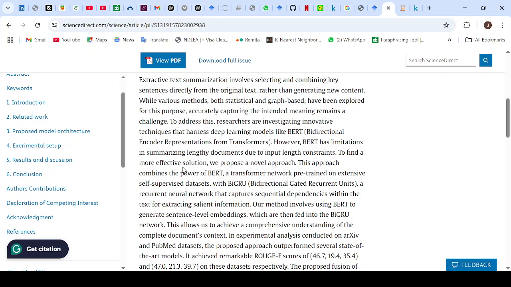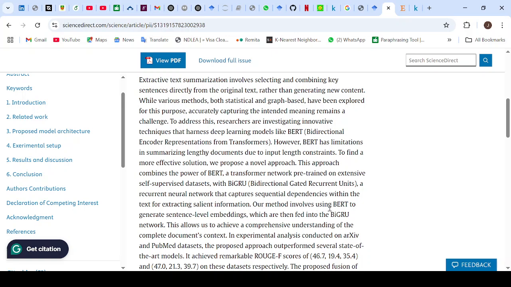To find a more effective solution, we propose a novel approach. This approach combines the power of BERT, a transformer network pre-trained on an extensive dataset, with BiGRU, that's bidirectional gated recurrent units, a recurrent neural network that captures sequential dependencies within the text for extracting salient information.